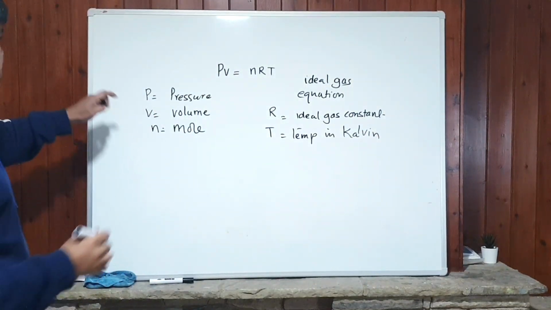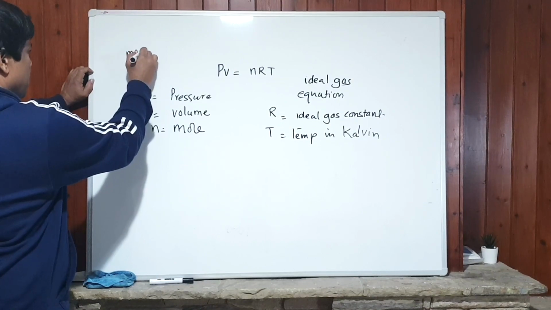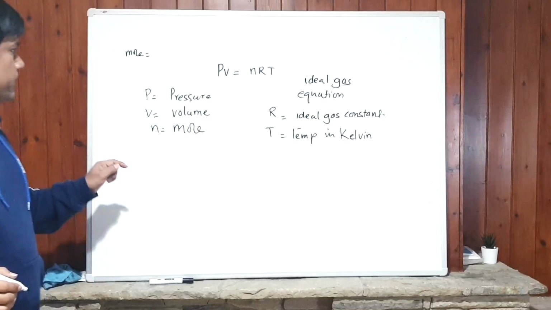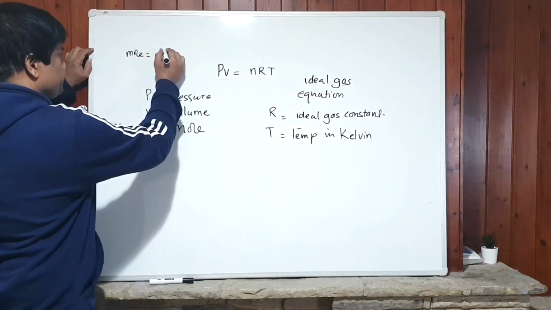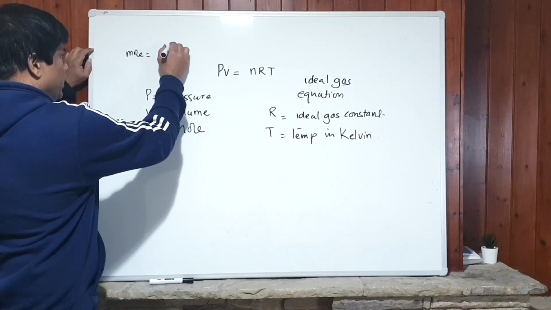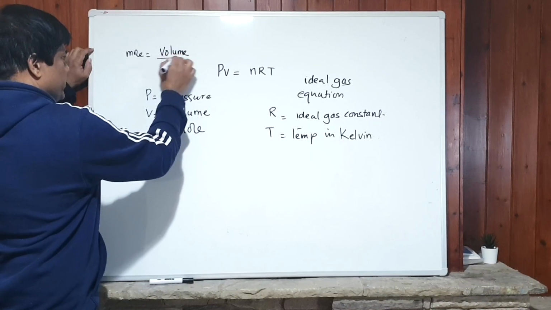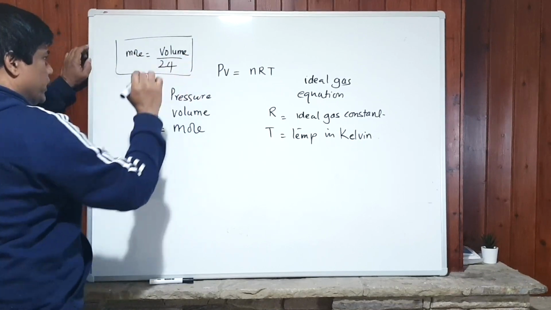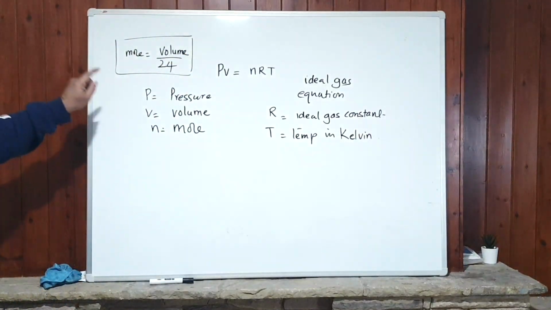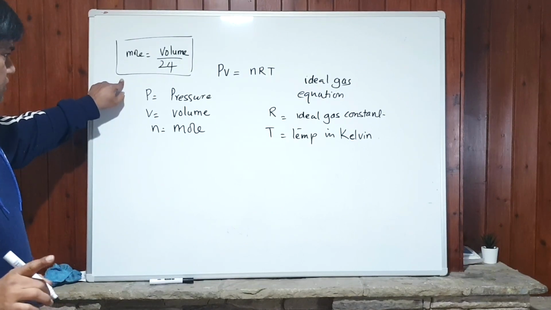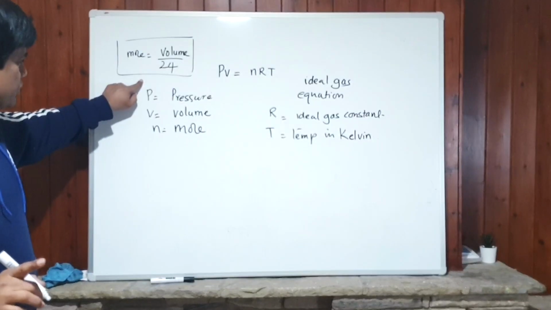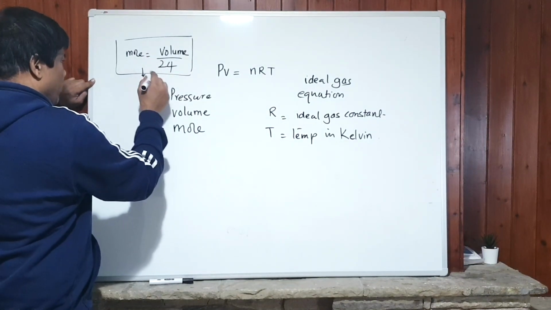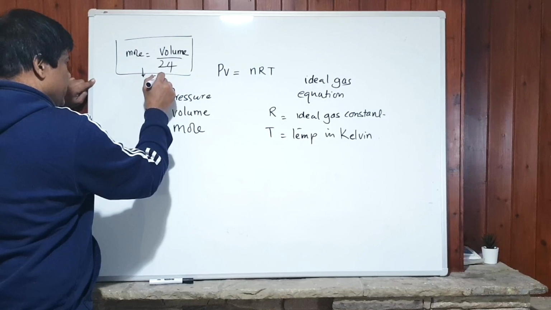And just now we have discussed this formula, moles equals volume over 24. This formula we can use only when STP, standard temperature and pressure, is given. This formula is only applicable in the question when it is provided as STP.